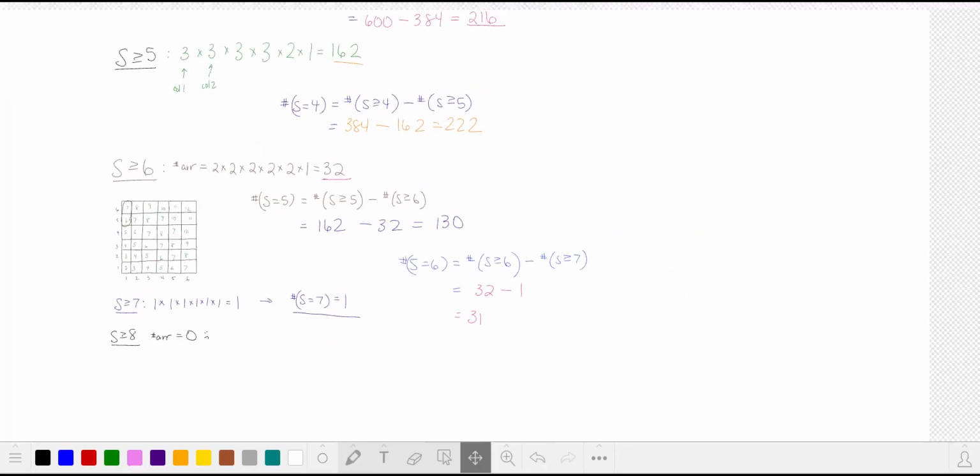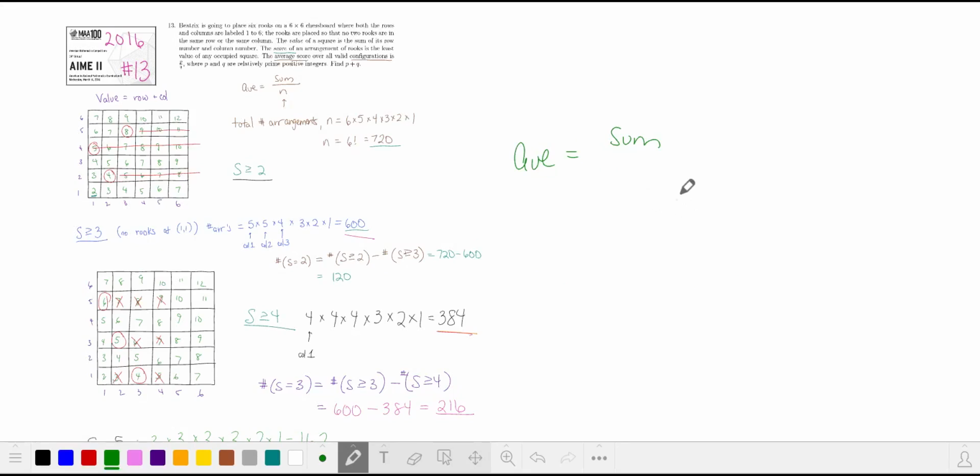Now we're going to calculate our average. To calculate the average, we're going to find the sum of all the scores of all possible arrangements of 6 rooks on the board, divided by the number of possible arrangements. We already know that there are 720 arrangements where no 2 rooks share a column or a row. We have 120 arrangements where the score is 2, so a score of 2 will occur 120 times in our numerator. We have 216 arrangements where the score is equal to 3.